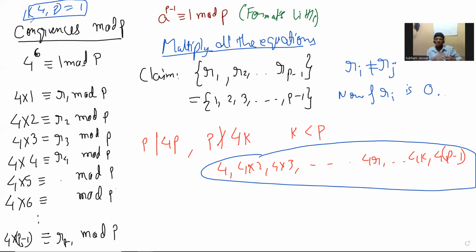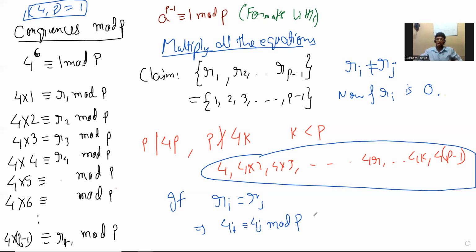But then just prove it by contradiction. If Ri is equal to Rj, what does it mean? It means that 4 times i is congruent to 4 times j modulo p. That's what Ri is: the remainder when 4i is divided by p, and Rj is the remainder when 4j is divided by p.